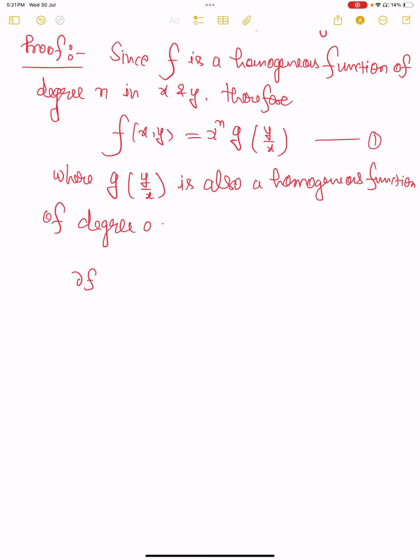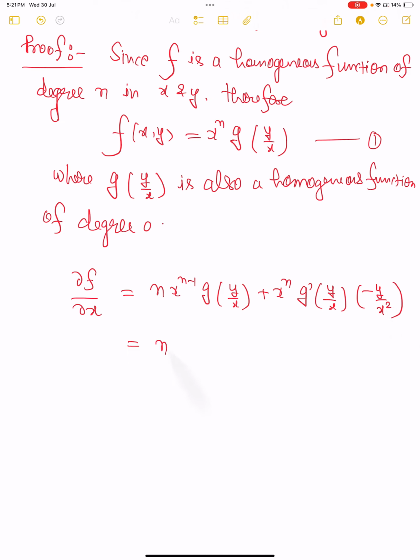Del f upon del x, what is this? This is nothing but n times x to the power n minus 1 g(y upon x) plus x to the power n g dash(y upon x) into minus y upon x square. So this is minus y x to the power n minus 2 g dash(y upon x).